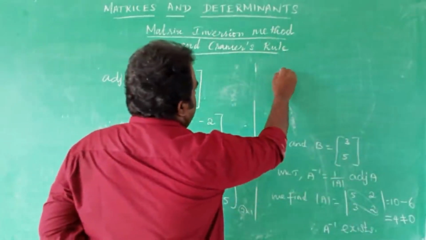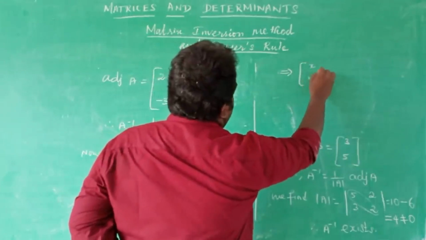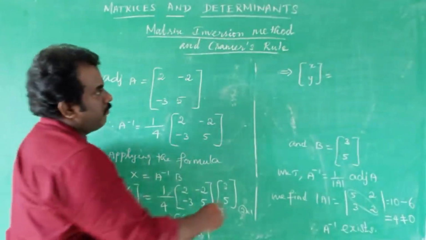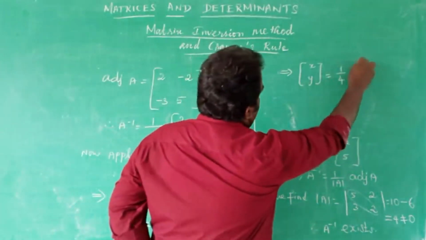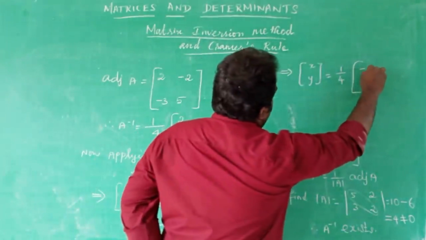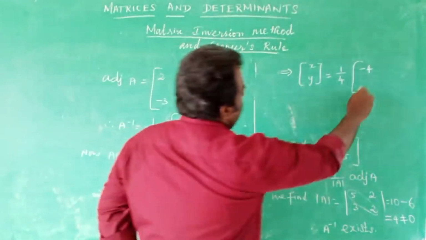Which implies the unknowns x and y in column matrix is equal to 1 by 4 of, the 6 minus 10 is minus 2, 25 minus 9 is 16.